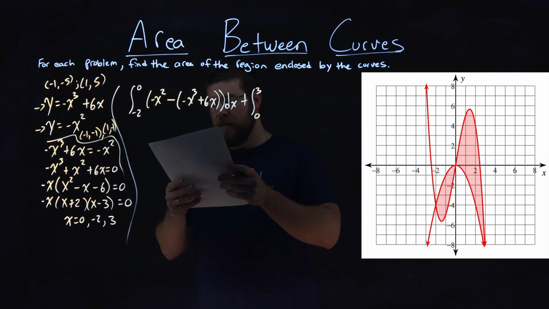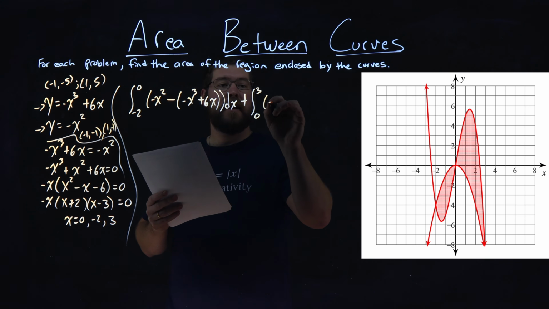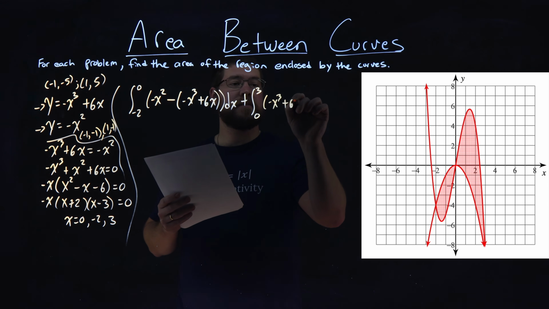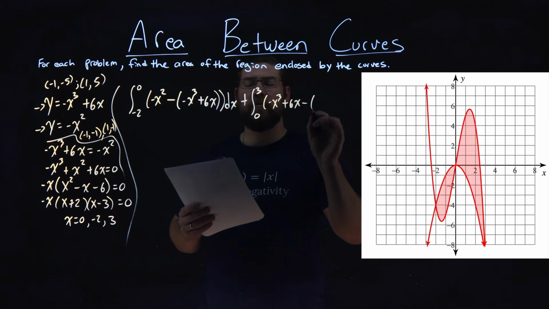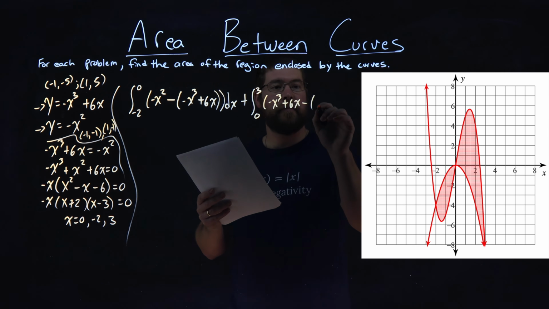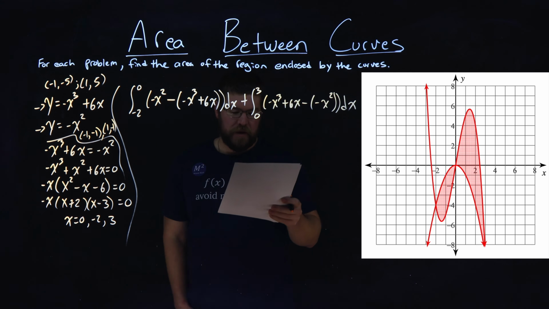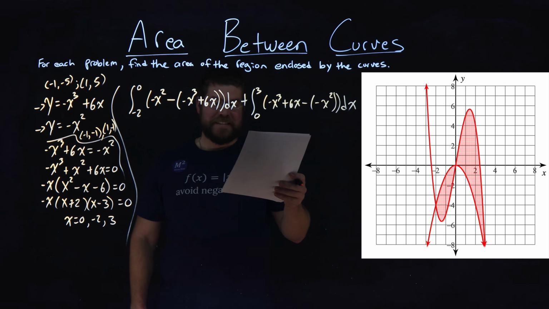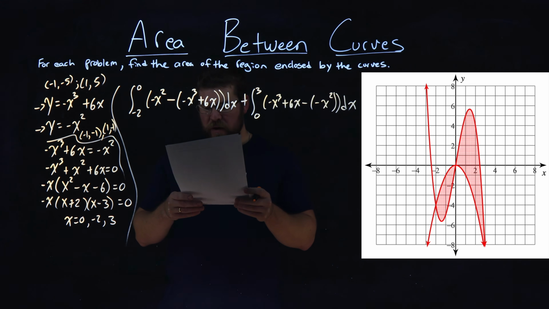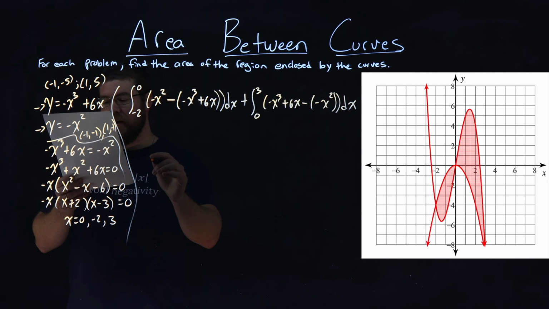So we rewrite that here as negative x to the third plus 6x, and we subtract the second equation, negative x squared, dx. Alright. Now it's a whole bunch of simplification. So we're going to simplify and combine our like terms.